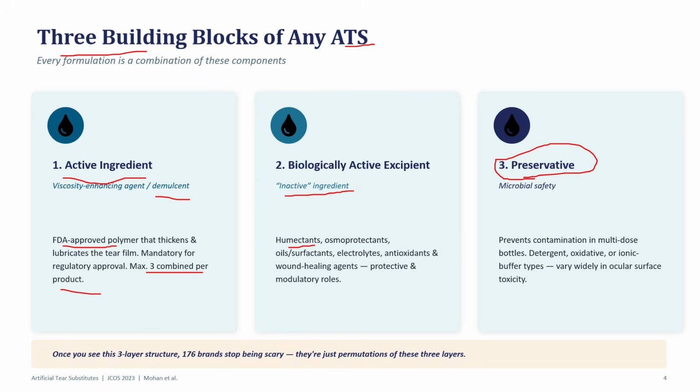As you all know, every drop needs some amount of microbial safety to prevent contamination in multi-dose bottles. So there are various types which we'll be learning in the next few slides. But once you see these, this three layered structure is the basis of every sort of lubricant which you are seeing in the market.